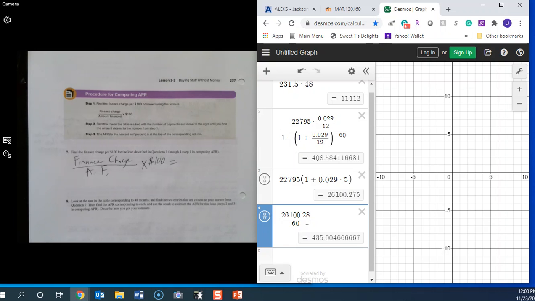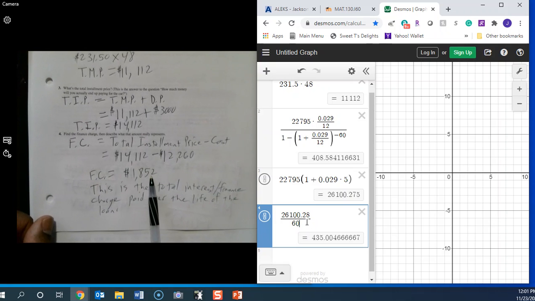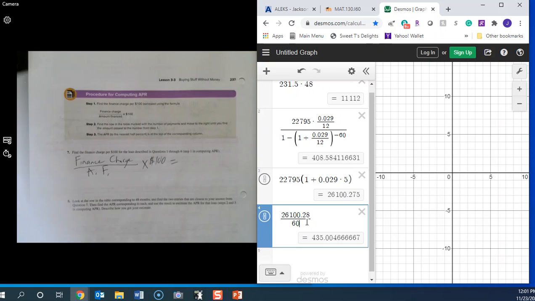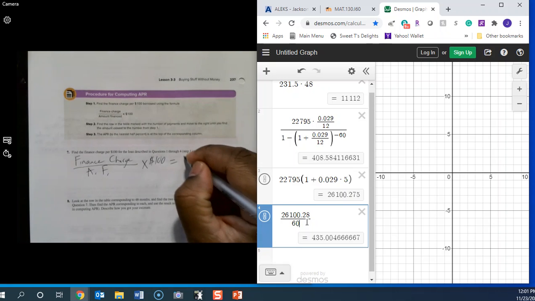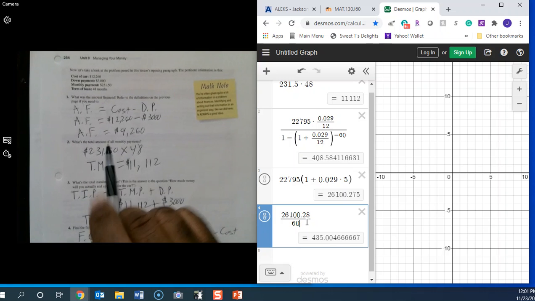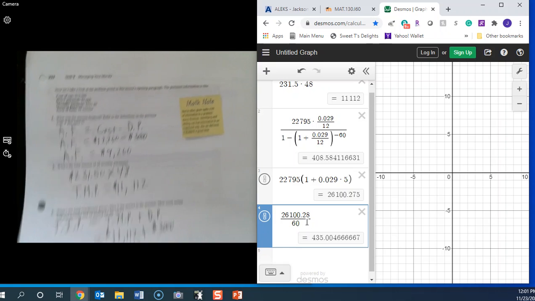And we look here. When we go back to page 234, we found our finance charge to be $1,852. And the amount financed, we also go back here. The amount financed was actually from question number 1, which is $9,260.